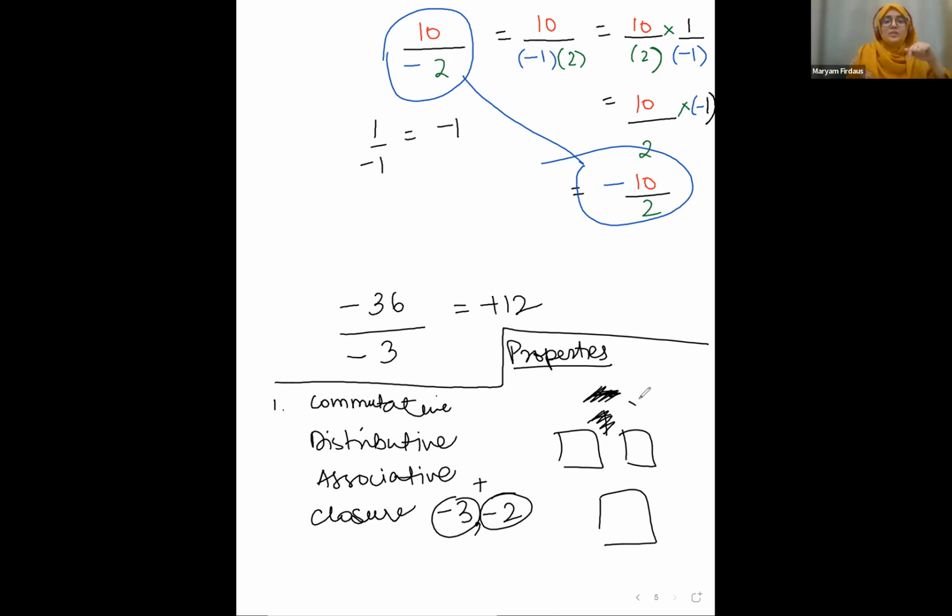You multiply them, you will get an integer only. But this isn't always true about division. Can you give me an example of two integers where you divide them and you don't get an integer?